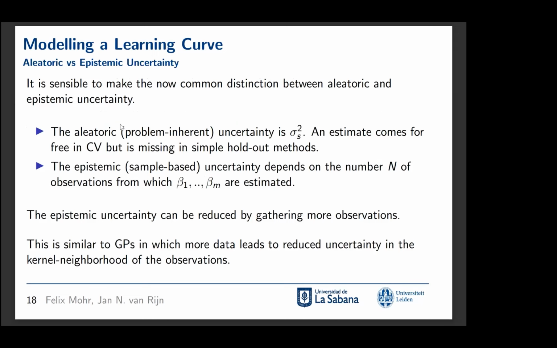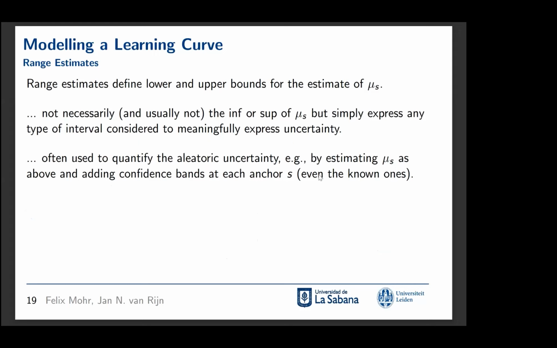If you don't care about the noise you have in the samples, then this may be not the way to go. So that's range estimates. Here we're going from point estimates to range estimates, strictly more, right? Before we just had a curve. In range estimates, we have a curve plus bands.